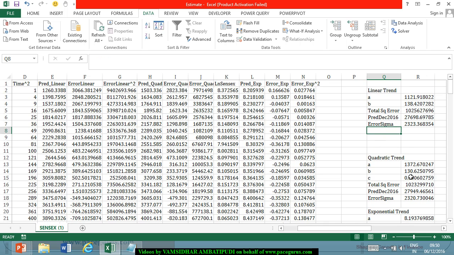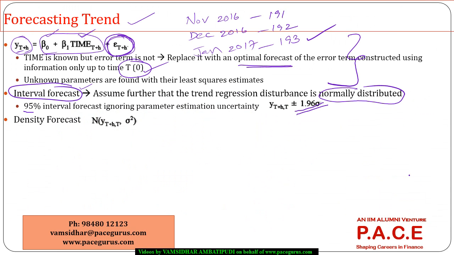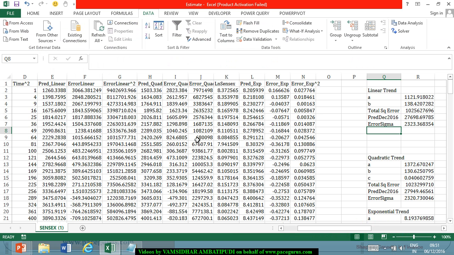So based on that, I can very well find out that the 95% interval forecast is plus or minus 1.96 sigma. So whatever is the predicted value I have got, I can go with plus or minus 1.96 sigma.